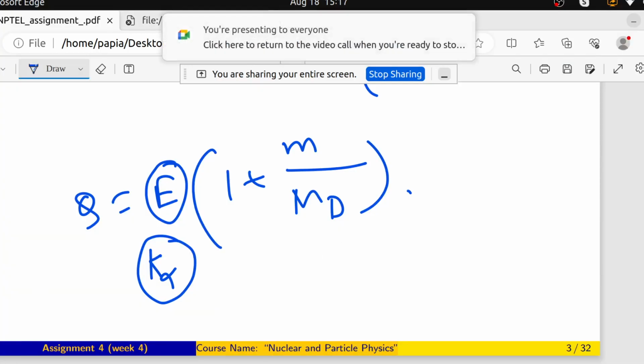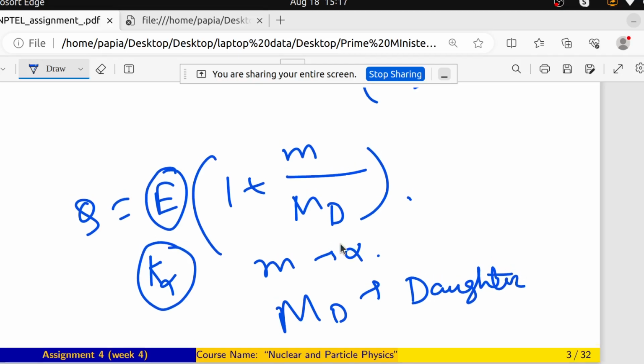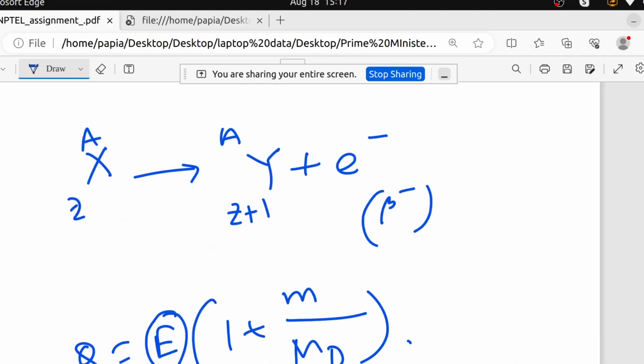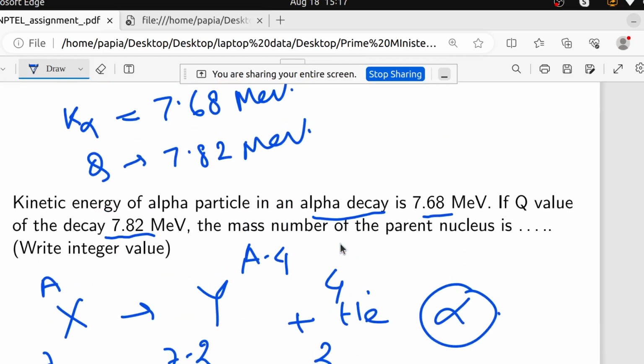here you can see that m is the mass of the alpha particle and md means the mass of the daughter particle, right? So here we are talking about the mass of the alpha particle and the mass of the daughter particle. That means if I have small m and capital M as well as capital E, then we can get the value of Q. But in this question they have already given the E value, which is K alpha, and the Q value is also given, and we all know that m of alpha is 4 because alpha is nothing but a helium nucleus, which is 2, 4.